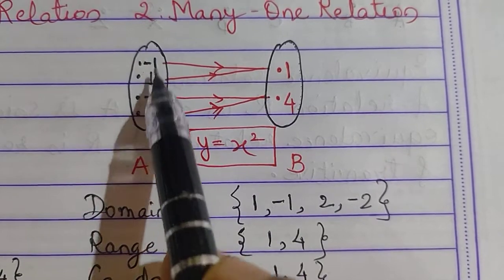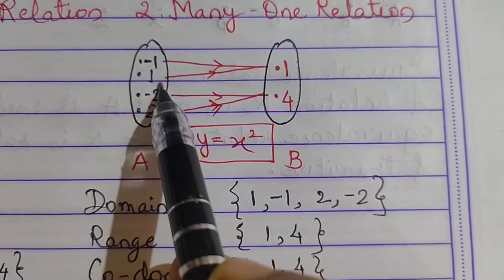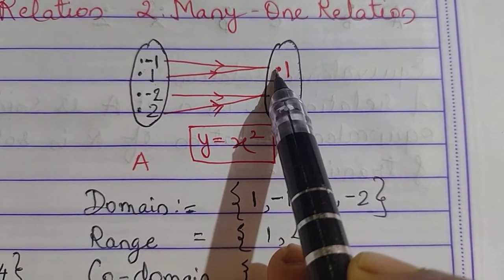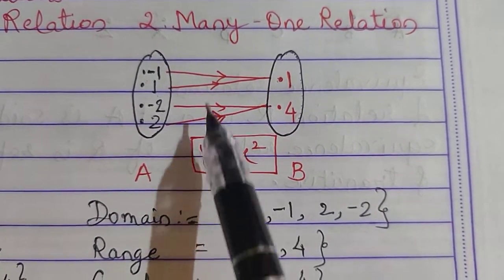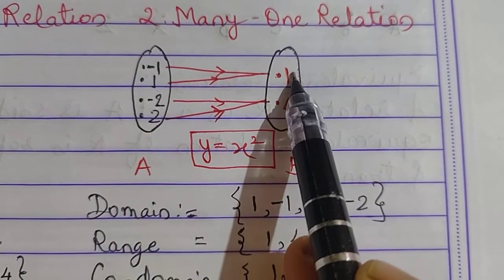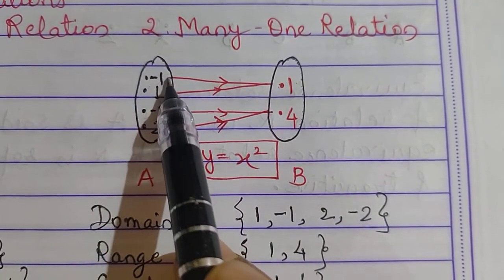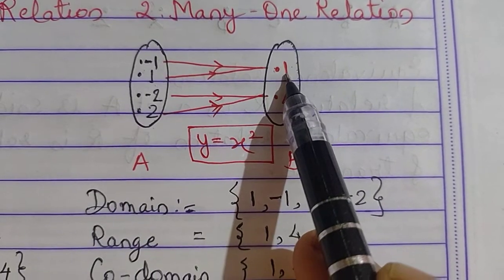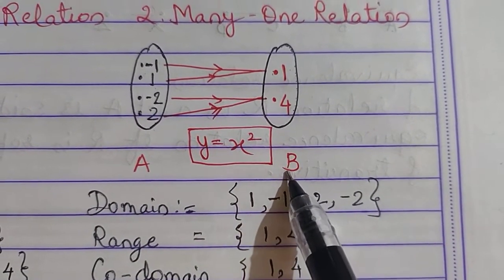So more than one element in the set A is related to the same element in the set B. This is many-one relation. So many elements of set A are related to the same one element of the set B.